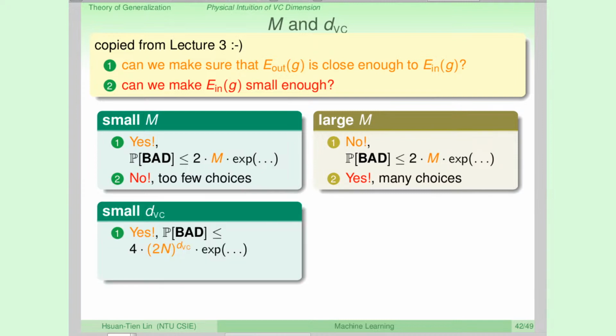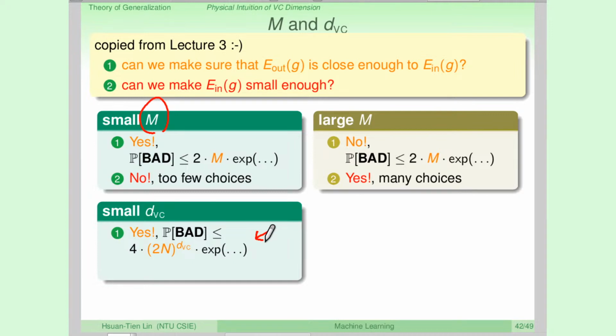Now, with the concept of the VC dimension, it plays a similar role to the original n, but maybe a little bit better because it calculates the effective complexity that we actually care about. When we have a small VC dimension, it's easier to guarantee that the bad probability is small.